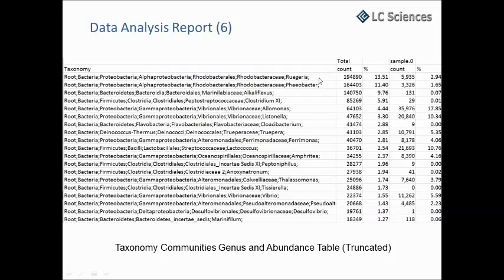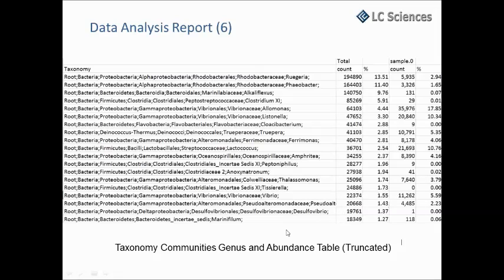The count is just the reads, how many reads we found from this genus, and what's the percentile inside of the sample sequence. And this is the total, and we also give the numbers for each sample. From this long list, we know how many genus we identified from the sample, and what the abundance and distribution look like.